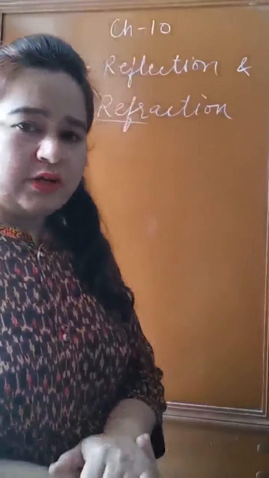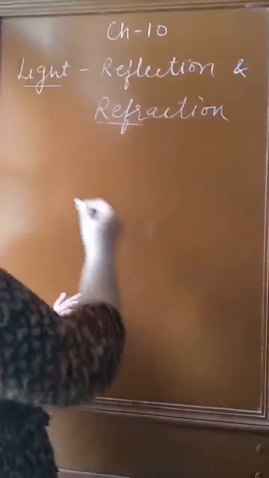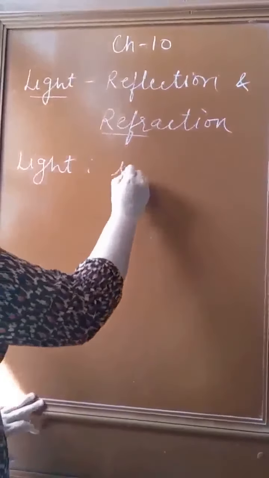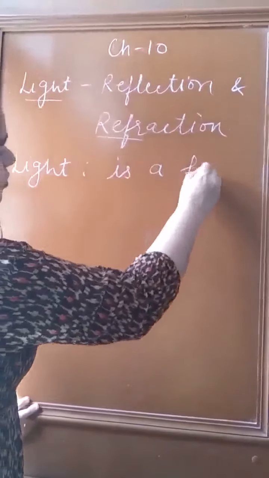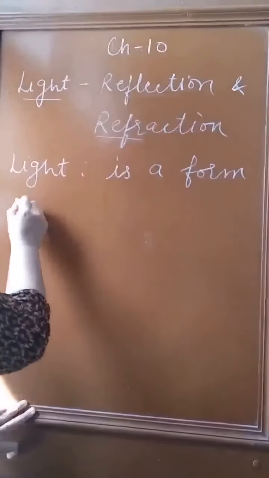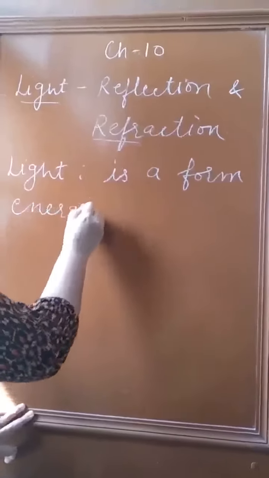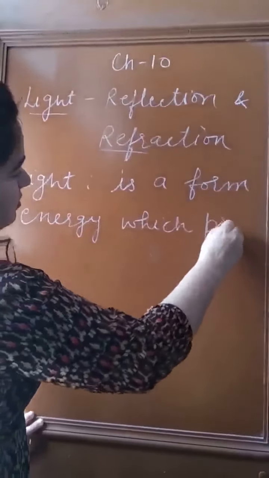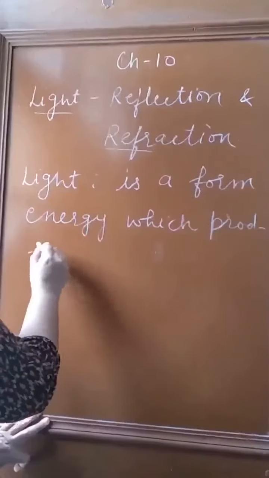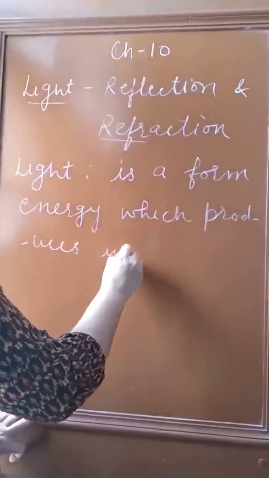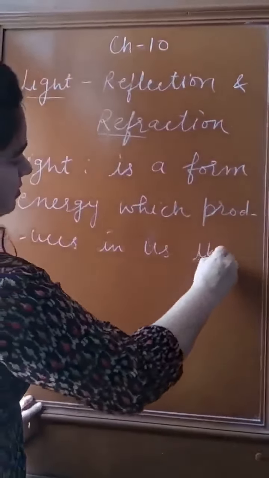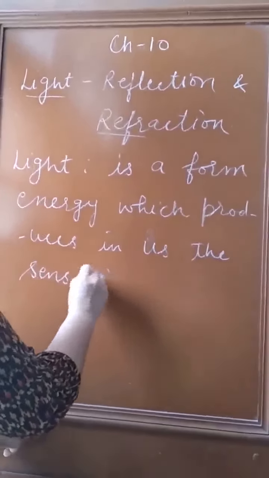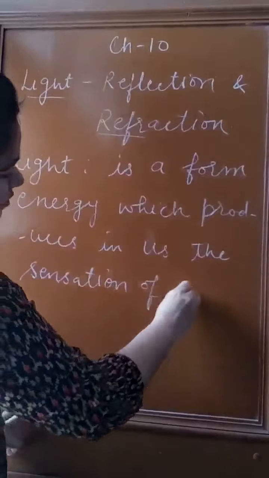Now, what is light? Light is a form of energy which produces in us the sensation of sight.